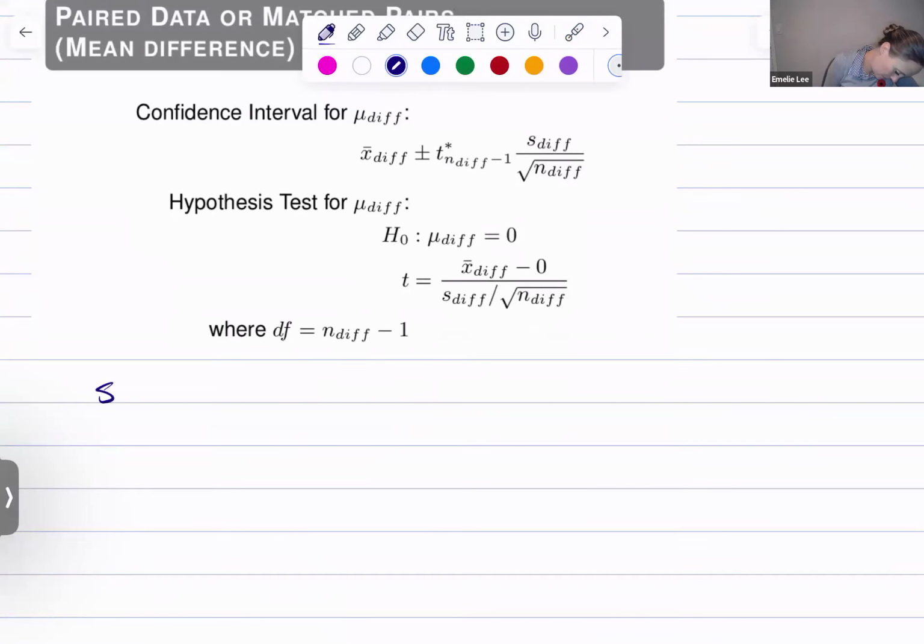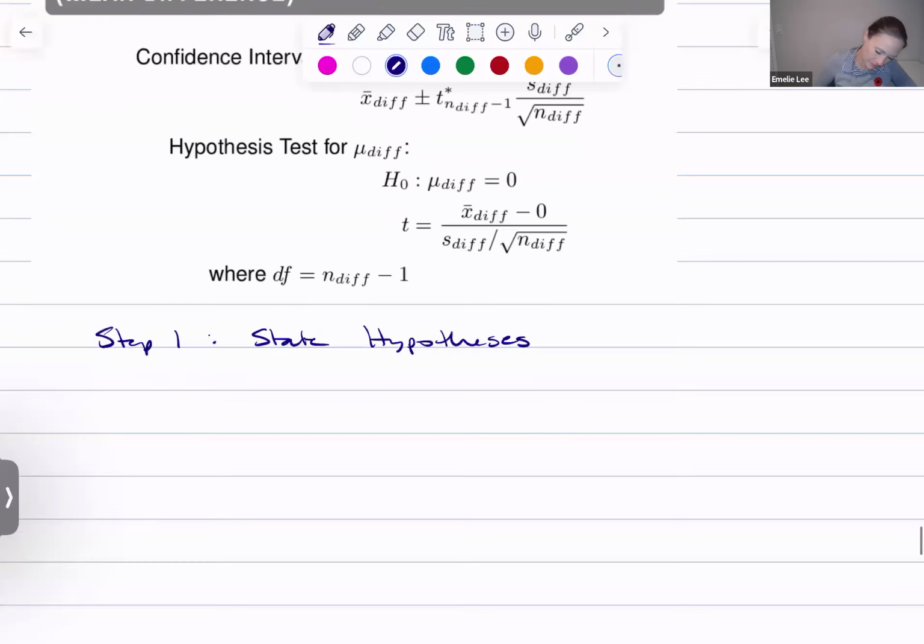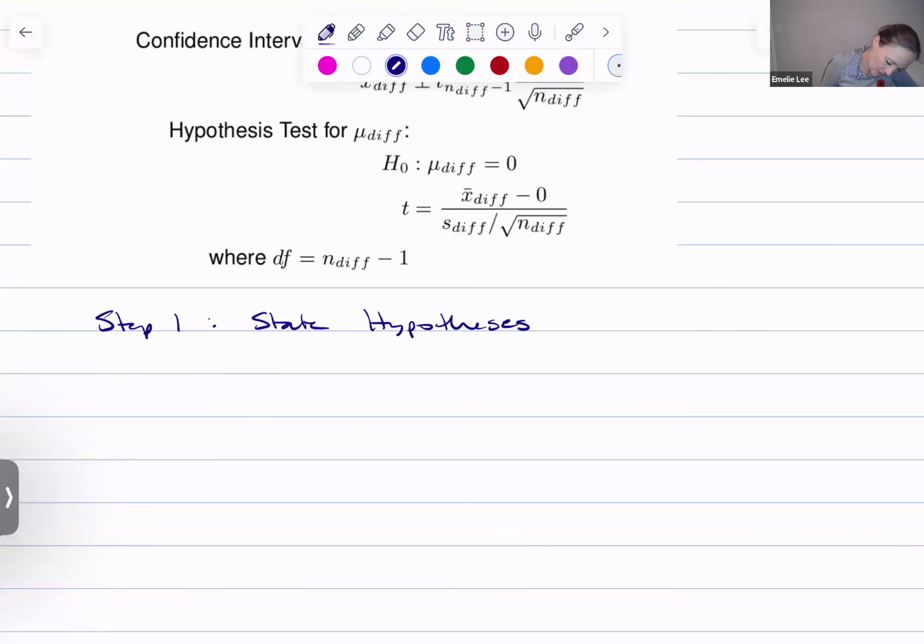So, nothing to it but to do it. Here we go. Step 1, state the hypotheses. Now, because I've decided already that this is a paired data question, I know that the null is mu diff equal to 0, which means my alternative has to talk about how mu diff relates to 0.